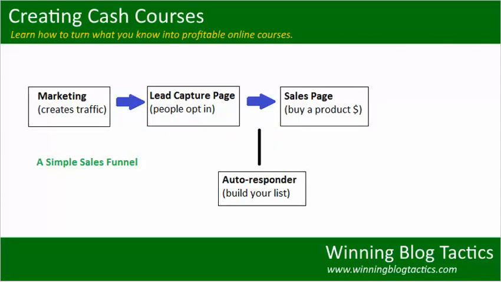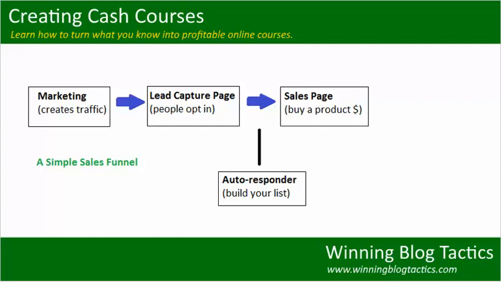As a diagram, this is what it looks like. We call it a simple sales funnel. You start with marketing on the far left, and that creates traffic. You direct that traffic to a landing page or a lead capture page where people are given an offer and they opt in.